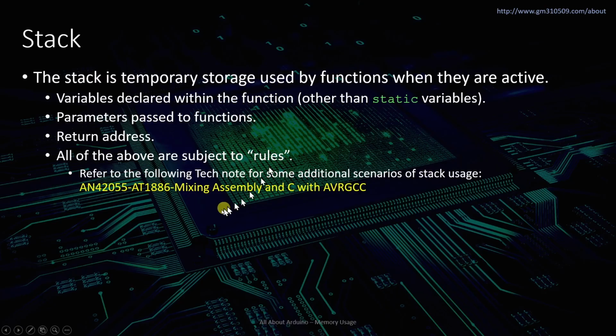It depends upon what they are. If you want to find out more details about this, have a look at the mixing assembly and C with AVRGCC, which is a Microchip tech note or application note, and that's the number there. So you can Google that title and you can find out all sorts of nitty-gritty technical details that cover aspects of how the stack is used for function calls.